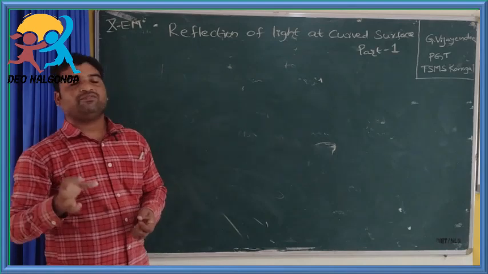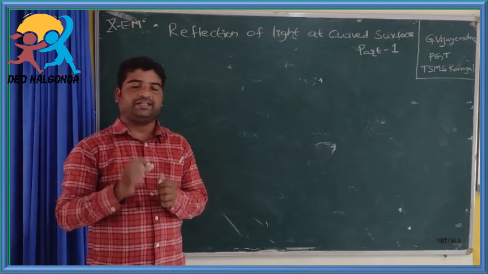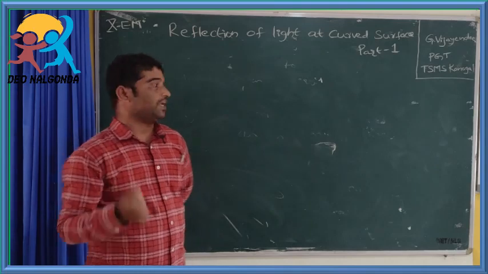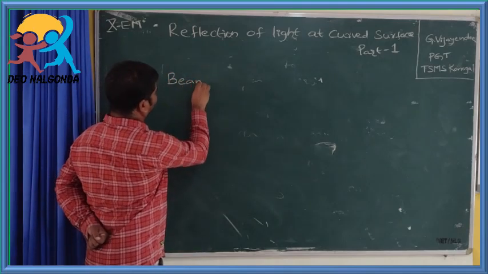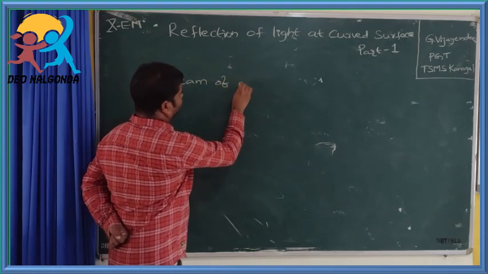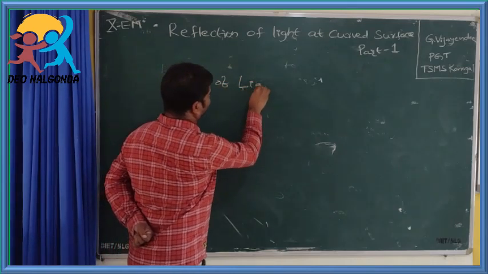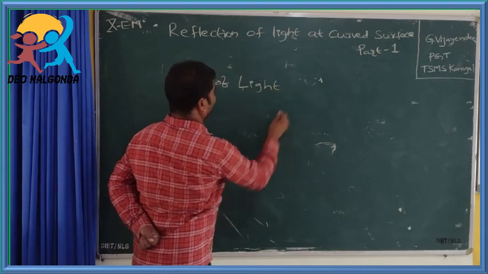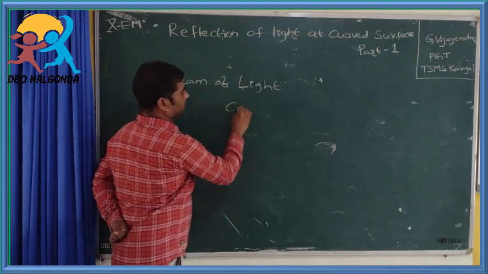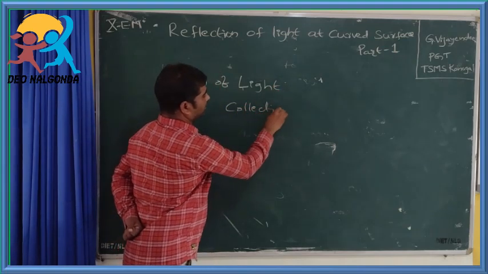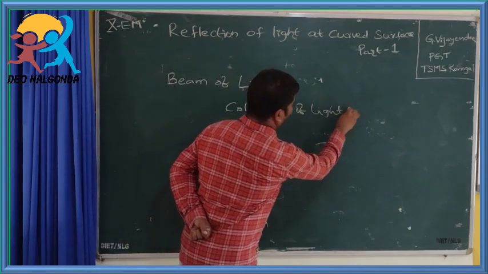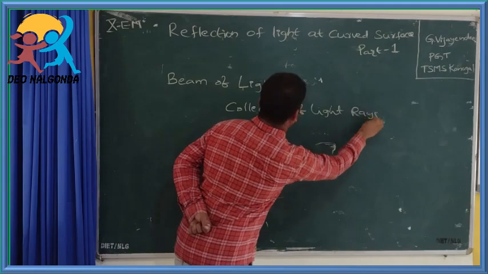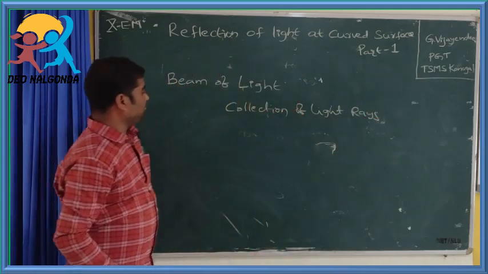This collection of light rays is called a beam of light. Beam of light means collection of light rays.